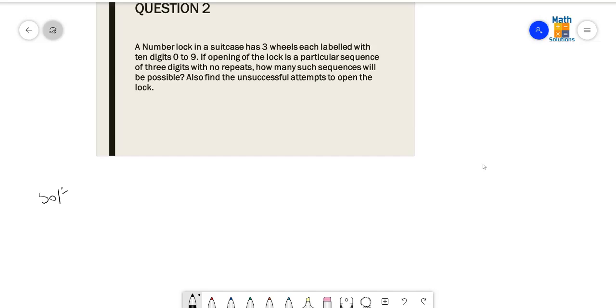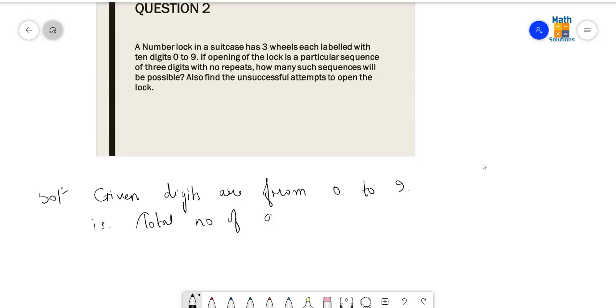So I shall write: given digits are from 0 to 9. That is, total number of digits is equal to 10 here.